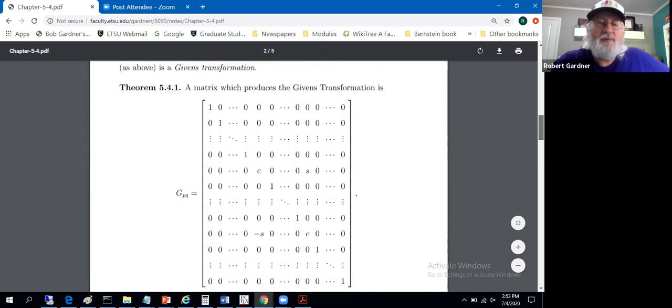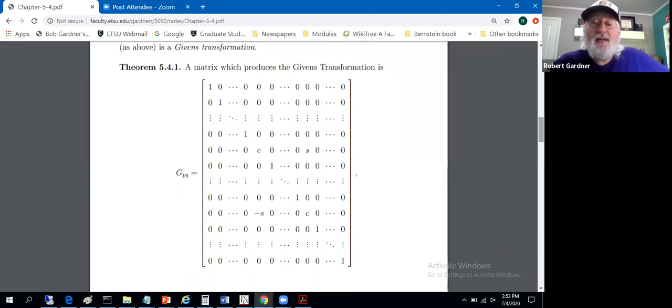But look what this matrix is. It's an identity matrix, except in the pth row, we've got a C along the diagonal. In the qth row, we've got a C along the diagonal. In the off diagonals, correspondingly, we've got an S here and a negative S here. So this isn't quite a symmetric matrix because the S and negative S are in the pq entry and the qp entry.